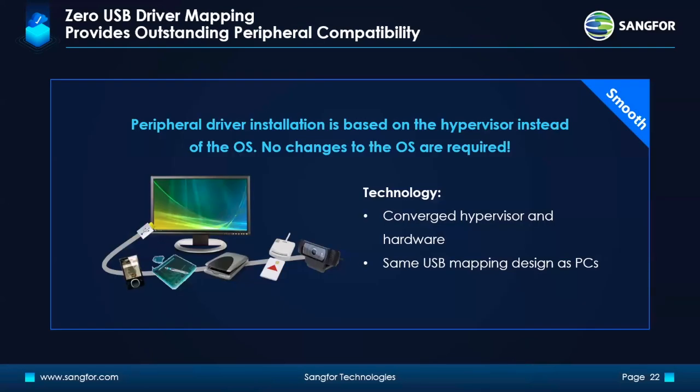So zero USB drive mapping, as I mentioned, we have peripheral device installation based on the hypervisor instead of the OS. No change on the OS is required. That is the technology we are using, converged XCI and hardware. Some USB mapping is designed as on a PC as well.